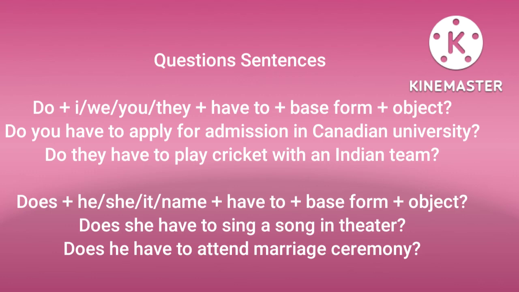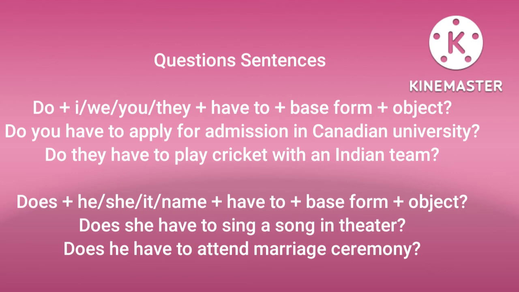So the structure will be do plus one pronoun from those four, plus have to plus base form of verb plus object, and at the end a question mark is a must, because this is a question sentence. So this was the structure of the question sentence.